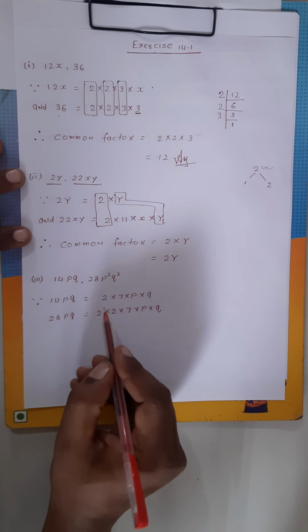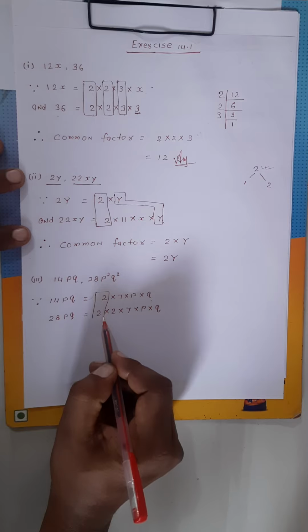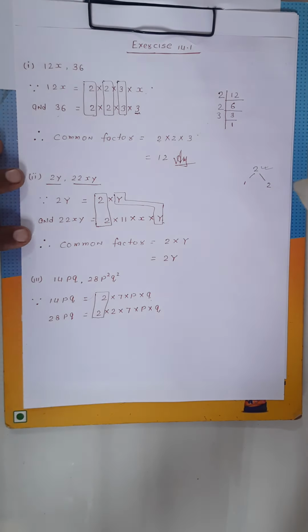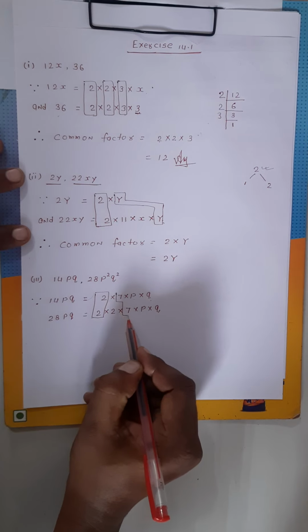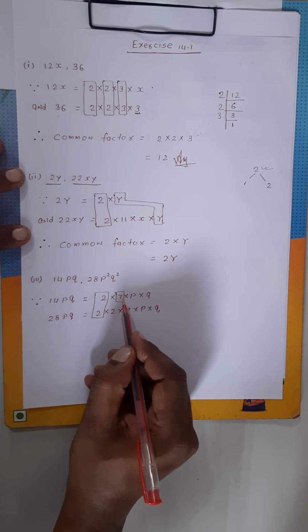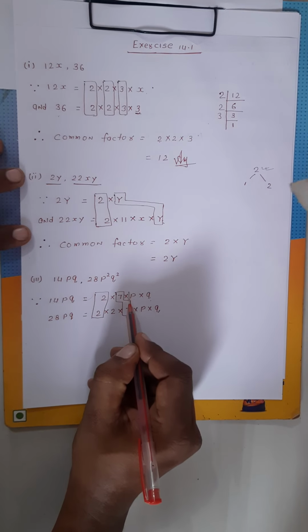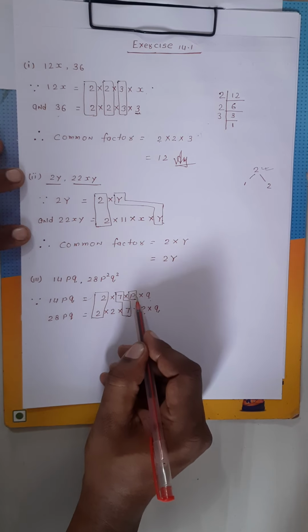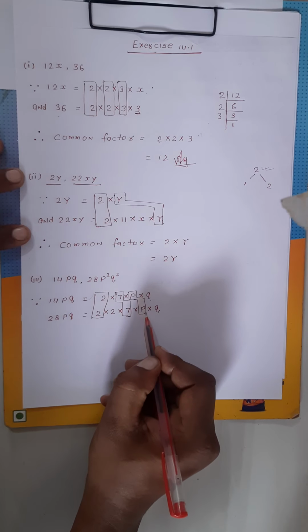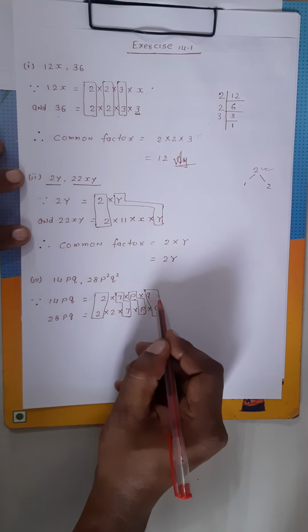Okay, now 2 is common in both terms. Okay, 7 is also common in both terms. Okay, p is also common in both terms. Okay, and q is also common in both.